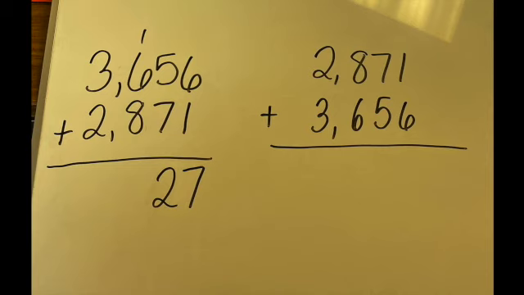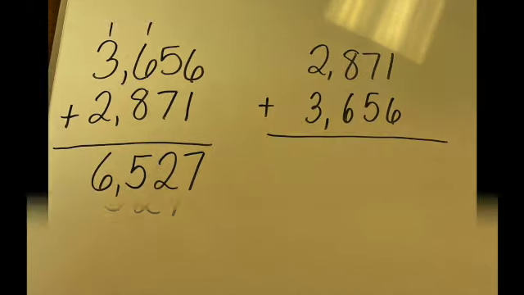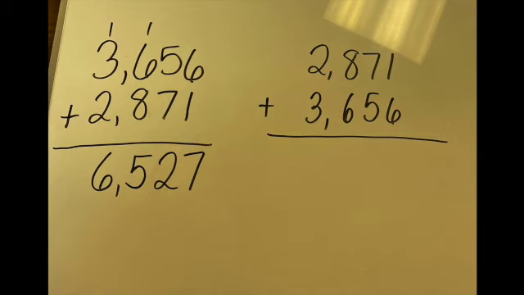After that, we need to look at our hundreds. And we have 1 plus 6 plus 8. And that will give us 15. So again, we have a two-digit number, so we have to regroup our tens over to the next place value. And we have 1 plus 3 plus 2, and that gets us 6. So our sum, or our unknown this time, is 6,527. So we should get that same answer for the other problem, but let's just double check.